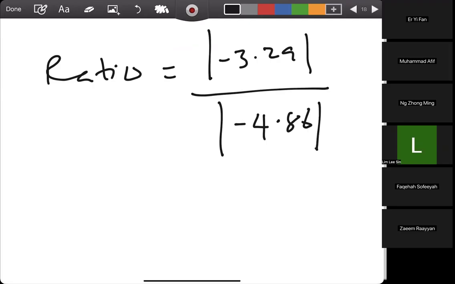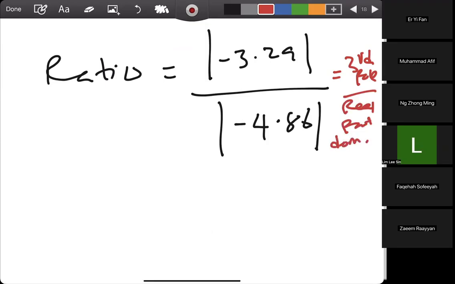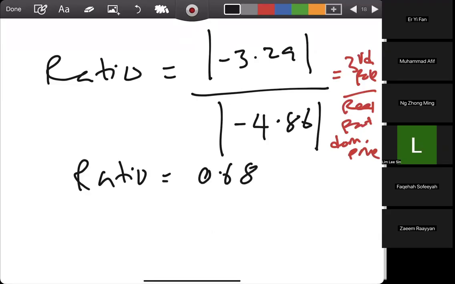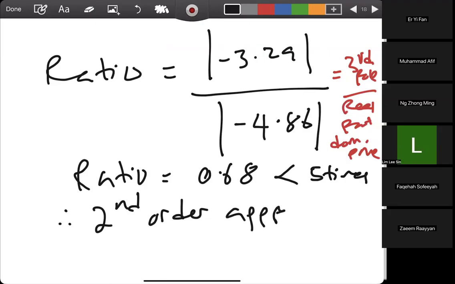This one is the third pole, this one is the real part of the dominant pole. So the ratio is 0.68, which is less than 5 times. So is it valid or not valid, Gladys? Valid. It is valid.